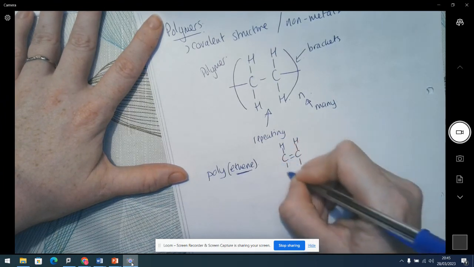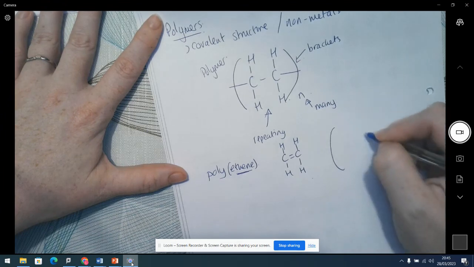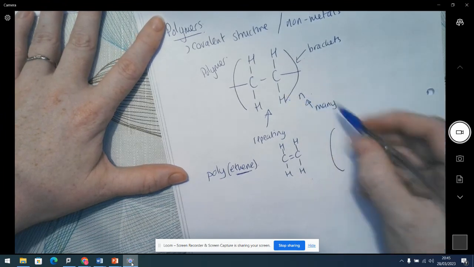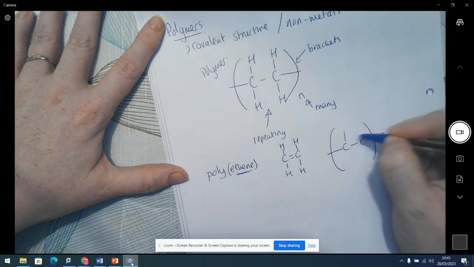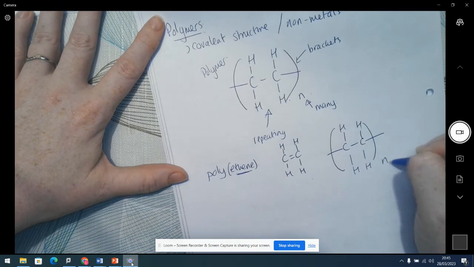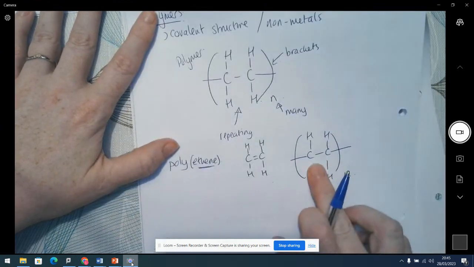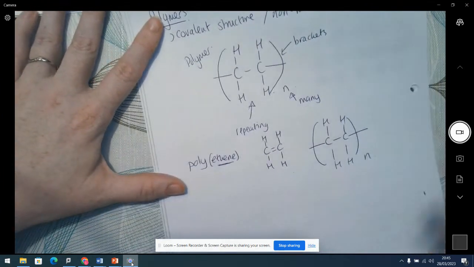Because ene means double bond, so that is my monomer. And then when it forms the polymer, it breaks that double bond down, with the H's, like so. And then I've got my polythene, a long chain there.